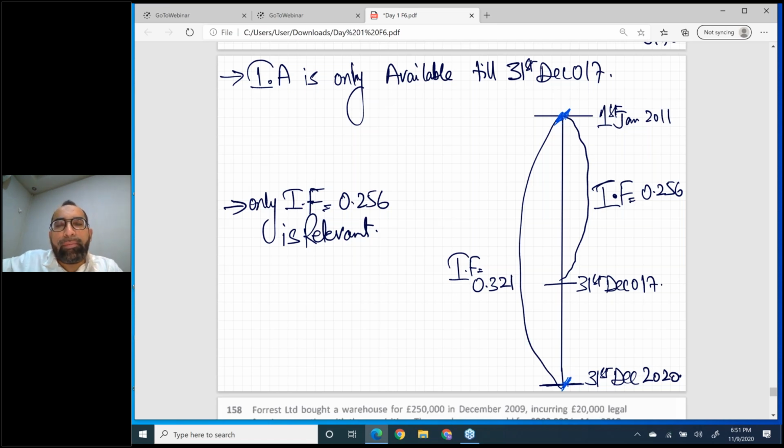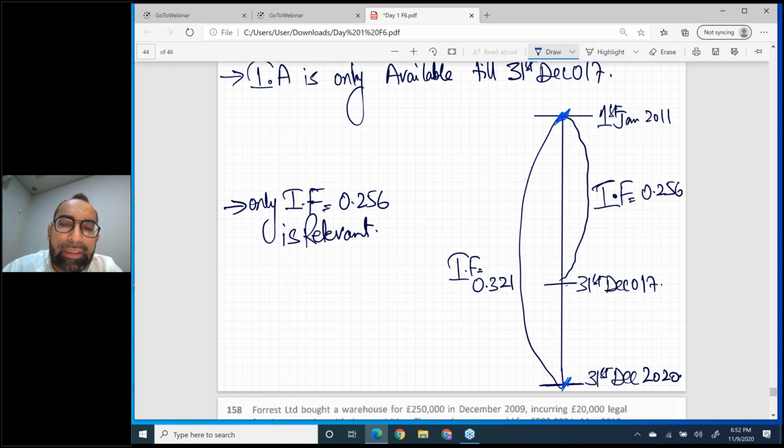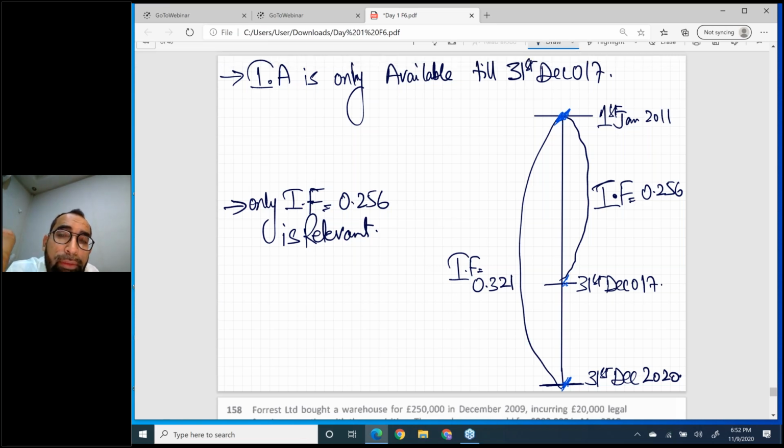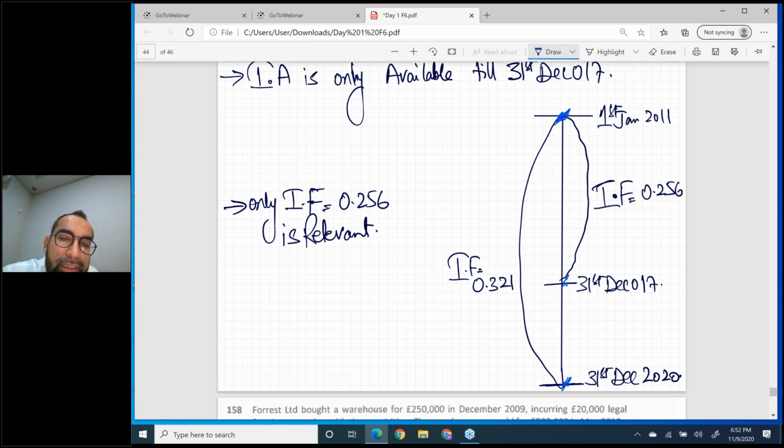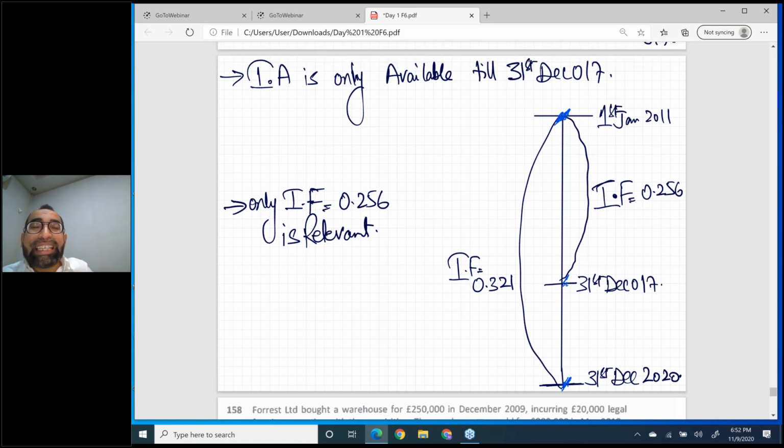Now in the question there are two index factors given. One index factor is given from 1st January 2011 to 31st December 2017, that is IF equal to 0.256. The second index factor is given from 1st January 2011 to 31st December 2020, that is 0.321. Now you tell me which index factor is relevant for us. Only this one, so don't forget this date.